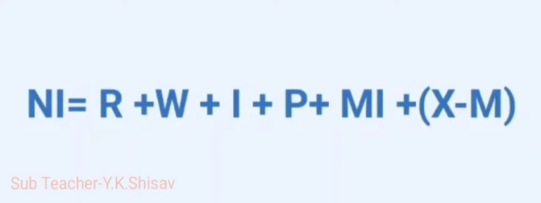That means NI is equal to R plus W plus I plus P plus MI plus (X minus M). That means in this method the income payments received by all citizens of a country in a particular year are added up, but income received in the form of transfer payments is ignored.